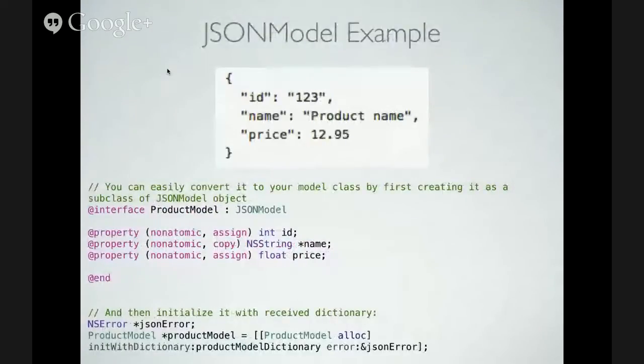The top picture is the response from the server with some object, let's call it product model, which contains ID, name, and price. We create our subclass of JSONModel with properties integer, float, string: ID, name, and price, and JSONModel takes care of it. We simply initialize the JSON object with a dictionary, and it will parse it all along.